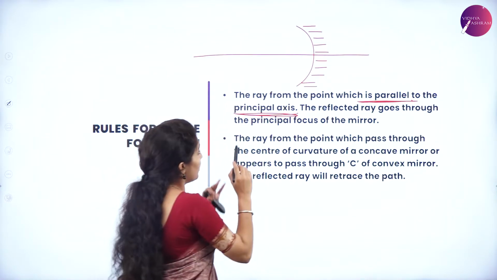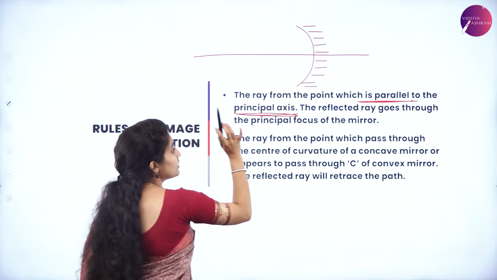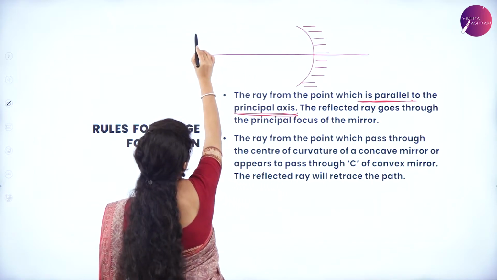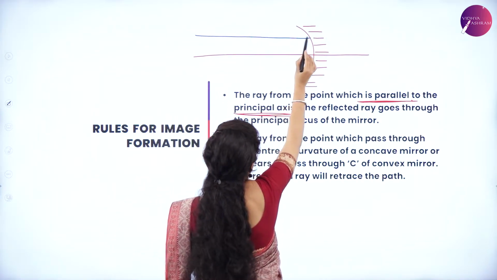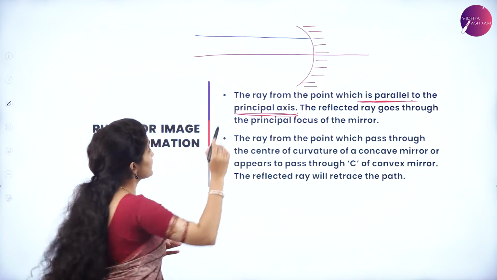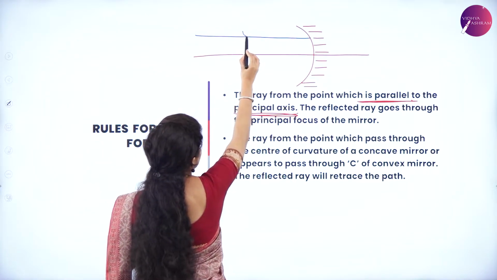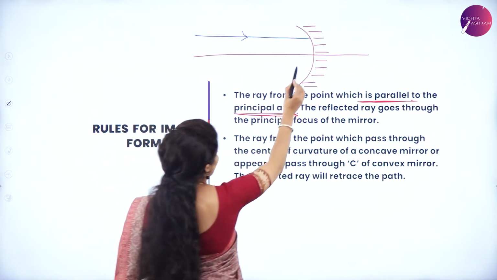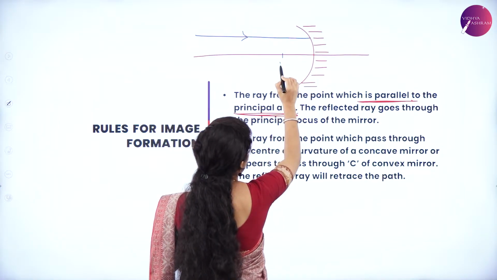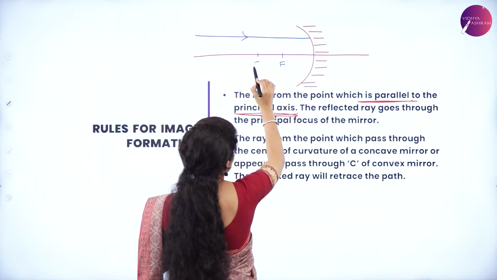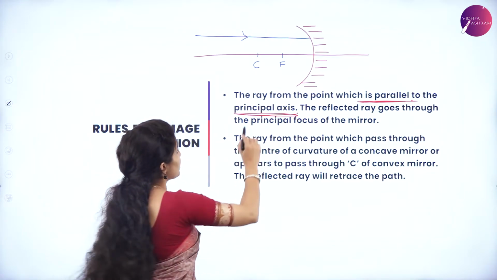Suppose this is a ray which is parallel to the principal axis, and the incident ray is in this way, and we have got a point, call it F, and here we have got C. This is a part of the sphere which is being cut.